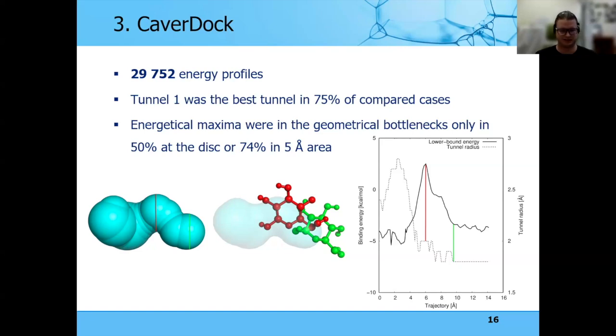So this shows that energetical analysis of tunnels is a very good thing to do, not to only rely on the geometrical analysis, and that tools such as CaverDock are able to find such results, and also these energetical bottlenecks. So then you can also use these as hotspots for further mutagenesis and for the design of better catalysts.